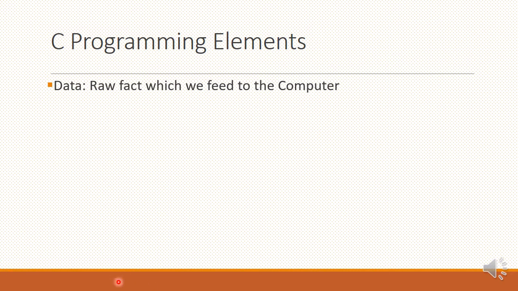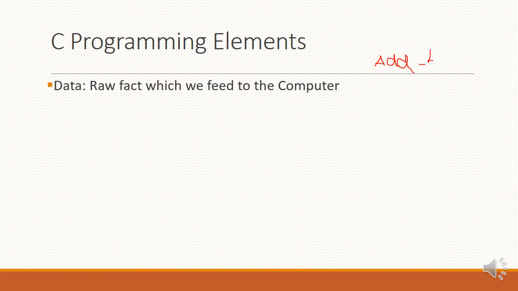data. What do you mean by data? Data is nothing but the raw fact which we feed to the computer. Just think that I am writing a program for the addition of two numbers.